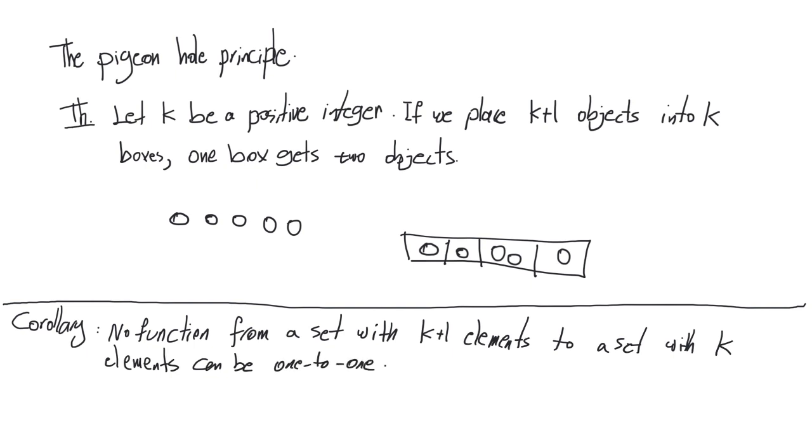Because it has k plus 1 elements in its domain that it has to send into k elements. So it has to cover at least one element twice, which means that one element in its codomain is the image of more than one element, and therefore it cannot be 1 to 1.